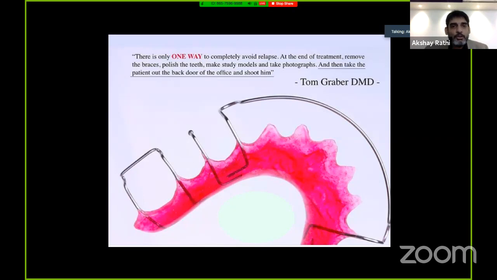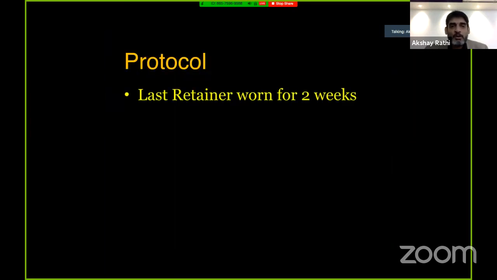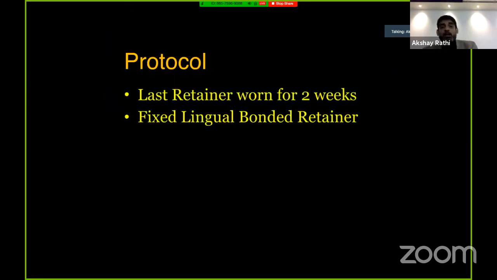Otherwise, you have to monitor the patient and see that relapse does not take place. So what is my protocol? And this is something which I will give it away to you.